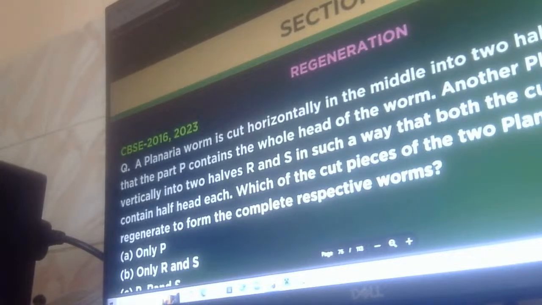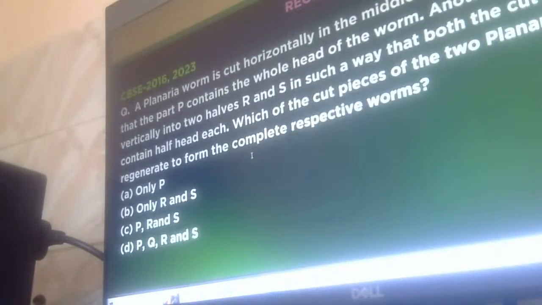Regeneration is the ability. I think all the parts will regenerate. I am not good at the regeneration topic. Everything will regenerate, yes, correct.